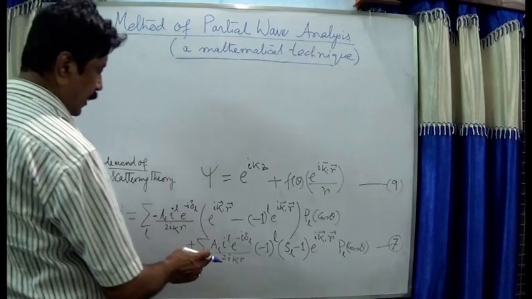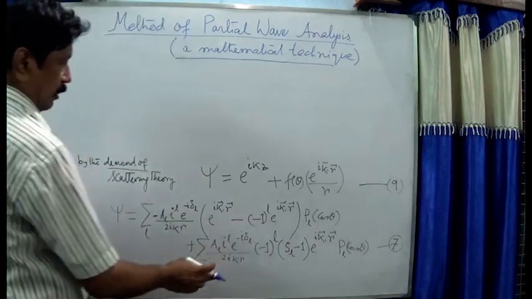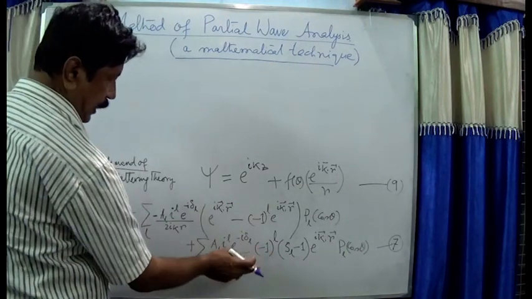Now let us identify f theta from 9 and 7.